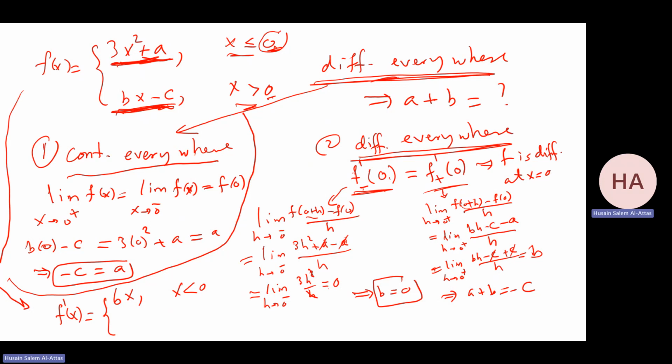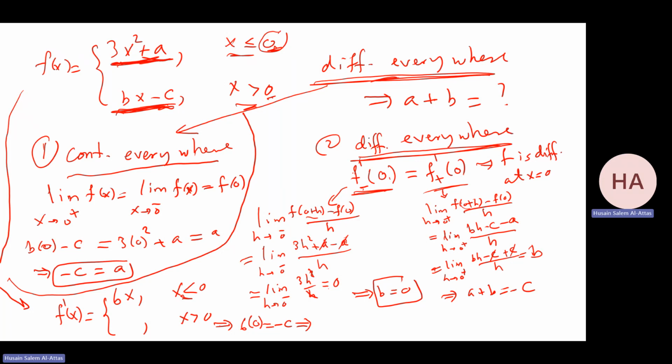What's the derivative in this one? Minus c, where x less than 0. Since he said it's differentiable, it means the equality is here or there. It's okay, that's an equality. So that means at 0, I have 6 times 0 equal to minus c, which is equal to b.